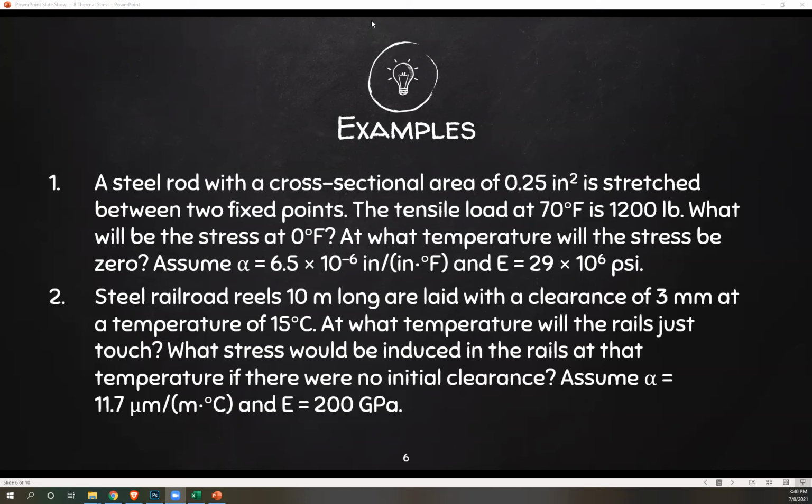The tensile load at 70 degrees Fahrenheit is 1,200 pounds. What will be the stress at 0 degrees Fahrenheit? At what temperature will the stress be 0? Assume alpha equals 6.5 times 10 raised to negative 6 inch per inch degree Fahrenheit, or simply per degree Fahrenheit. And then E is 29 times 10 raised to 6 psi.